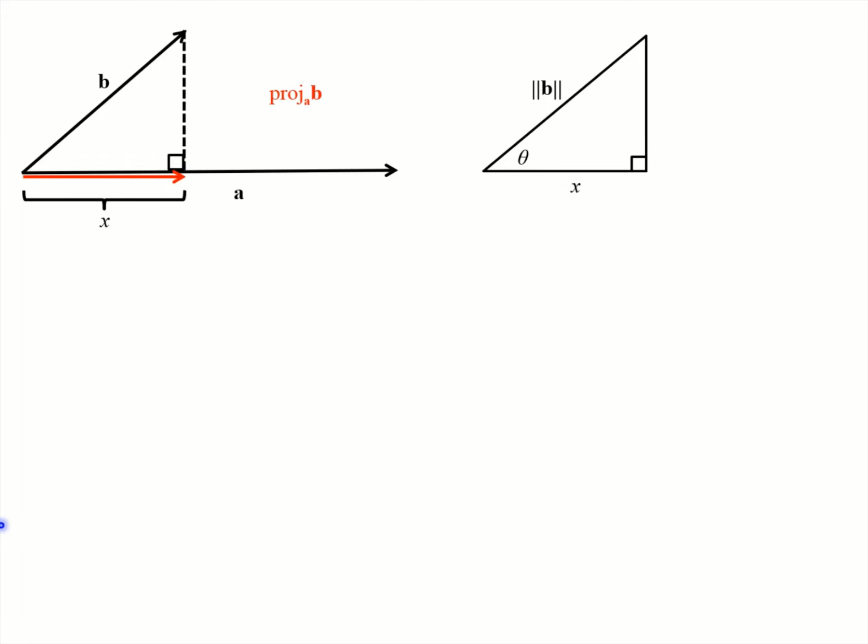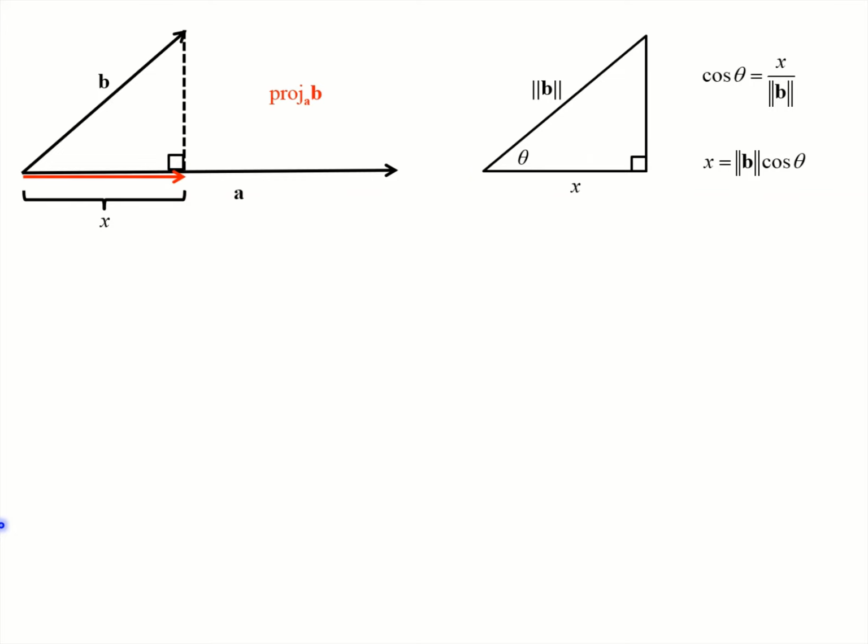So is there any trig ratio that we can think of that includes the adjacent and the hypotenuse? And the answer is, hopefully we can think that it's cosine. Cosine is the adjacent over the hypotenuse. So cosine theta equals X over length B. So I'll multiply both sides by length B and rearrange things. So it says X equals length B cosine theta.